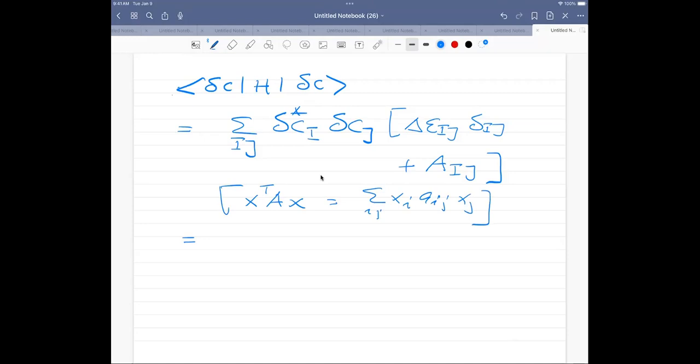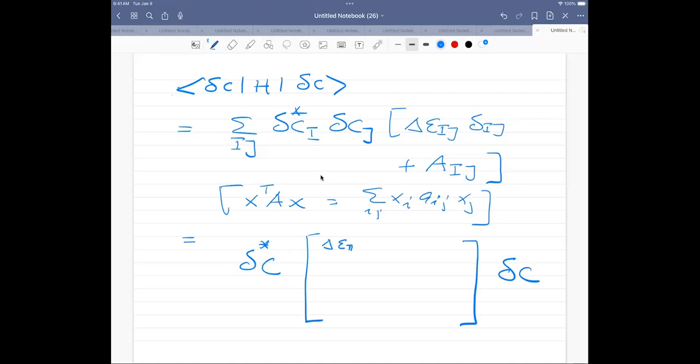So the way I now rewrote this in terms of particle-hole excitations is something which I can rewrite in terms of a vector delta C, multiplied with a matrix, and this matrix is going to contain elements. Let me just find my notes here, where we have a delta epsilon II, or we can rewrite it.